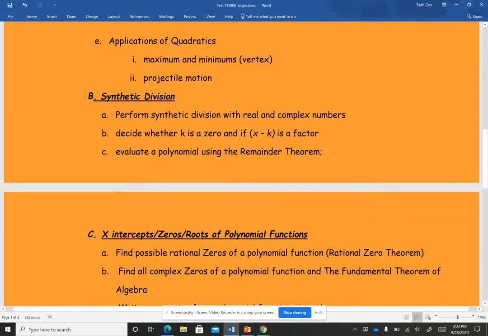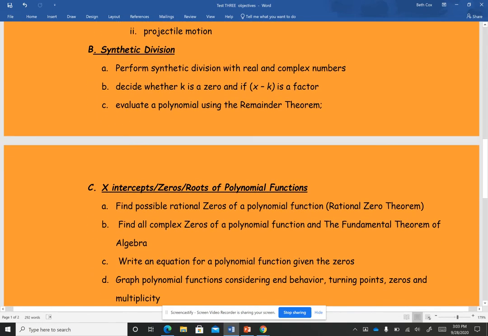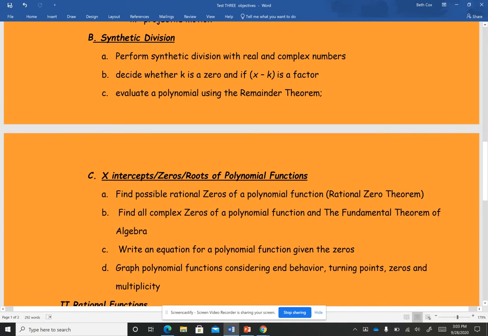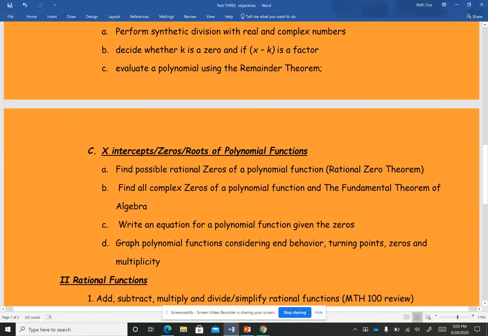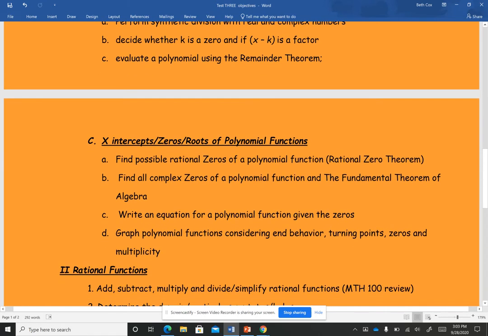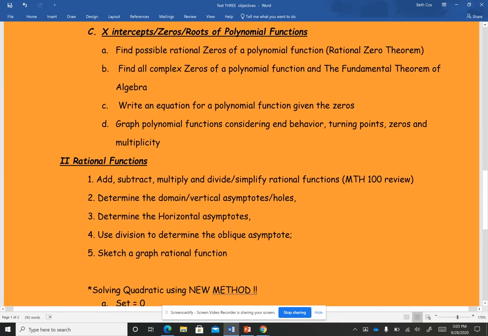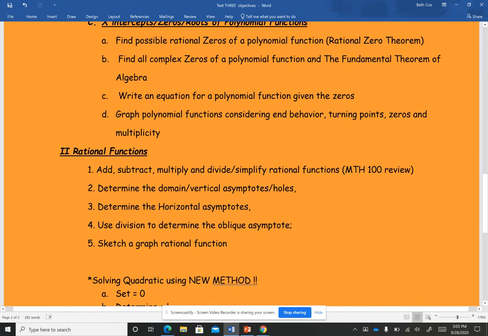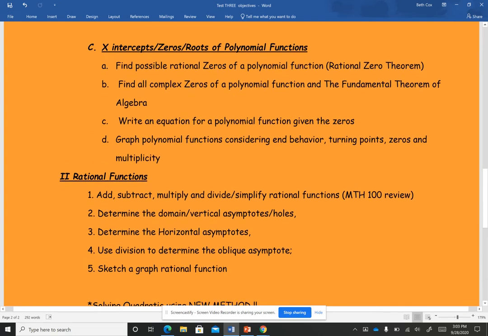And then we will get into other polynomial functions where we need to learn how to do synthetic division. And then we will deal with polynomial functions directly. After we finish with polynomial functions, then we will hone in on rational functions. Okay, rational functions contain polynomials, so we needed to do polynomials first, and then we'll do rational functions. And so that's where we're going.